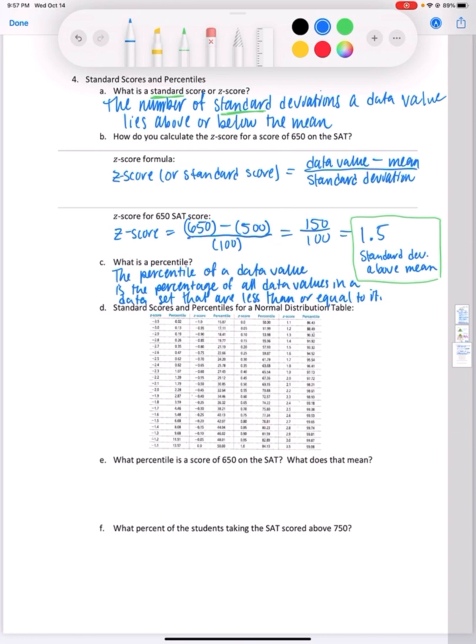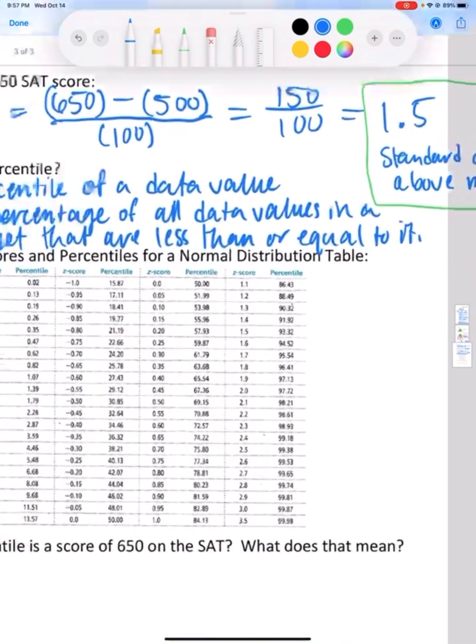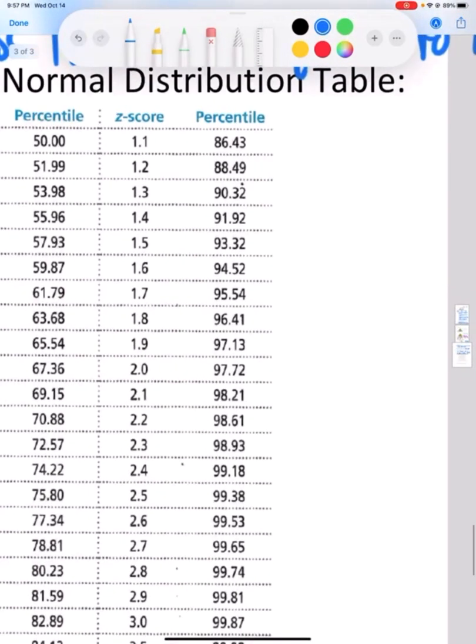So let's take a look at this z-score table. We look at our standard deviation, 1.5 above the mean for our score of 650, and I'm going to zoom in on 1.5. Here's 1.5, and it corresponds with 93.32.